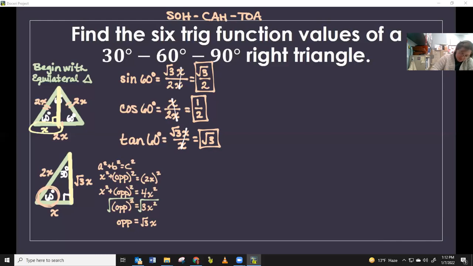Now let's do our reciprocals. What will the cosecant of 60 degrees be?